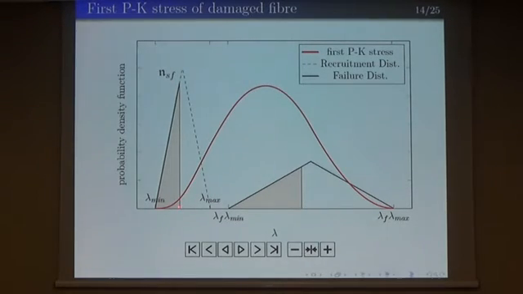And so, as you go up with the stretch, some of the fibers are damaged irreversibly, and so they cannot be counted anymore. And then the curve goes down. When all the fibers are damaged, of course, you get zero stress.